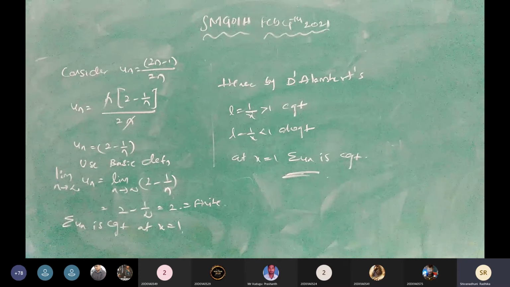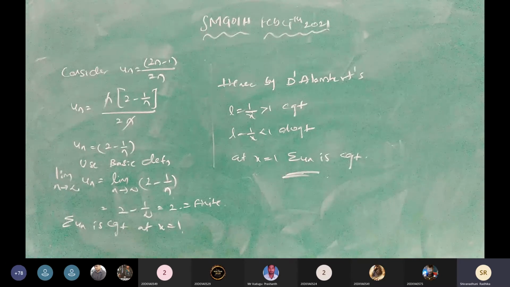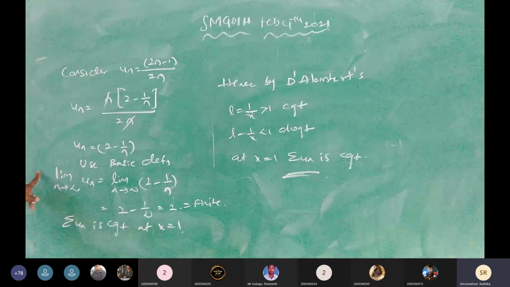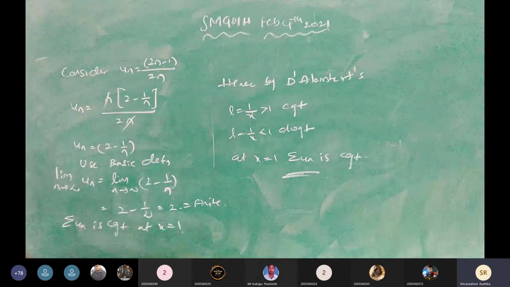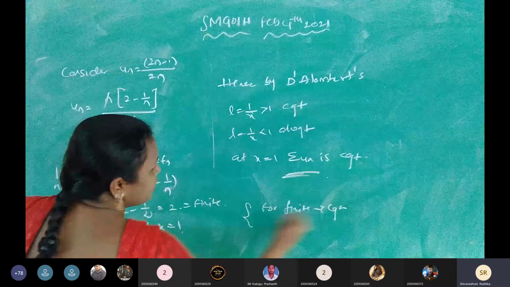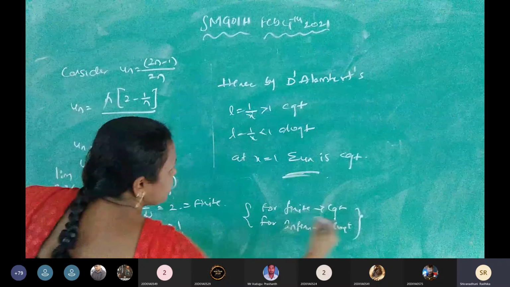Is it clear? Are you following? When we apply the limit function to the given series and get an infinite value, that is divergent. For a finite value, that is convergent. For an infinite value, that is divergent. Is it clear?